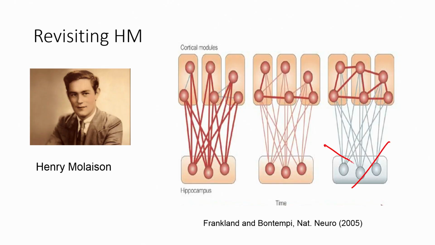for this event, such that now when you remove this hippocampus much later, you have these memories that are formed in the cortical region that help you retrieve this event.